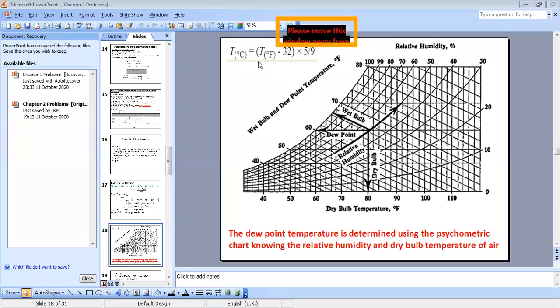So if you replace T degrees by 28, you will get that the temperature in Fahrenheit is 82.4. So now, what are my conditions here?